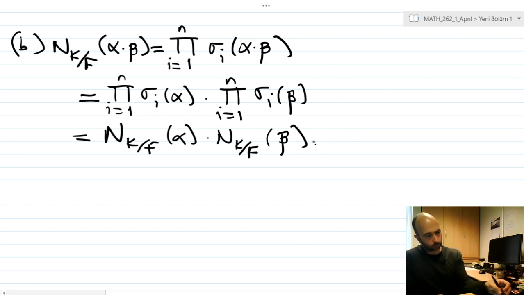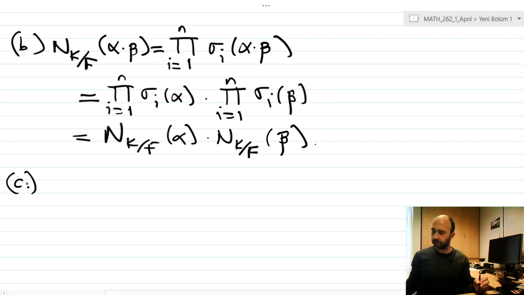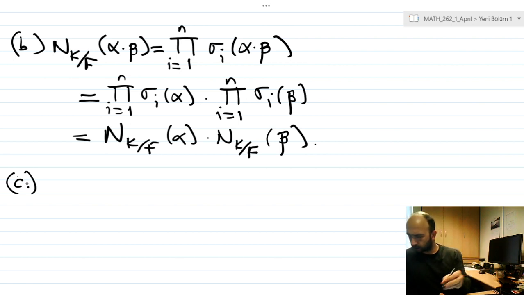Now, let's look at part C, the relation with the minimal polynomial. Well, let me do this assuming that we are working in a splitting field, which doesn't change much in the proof.